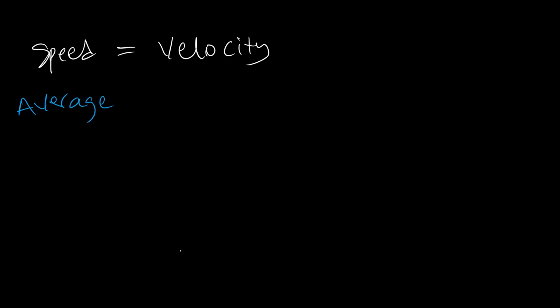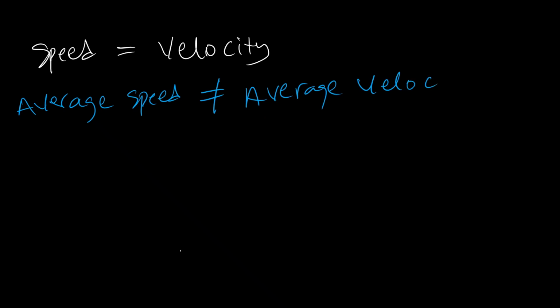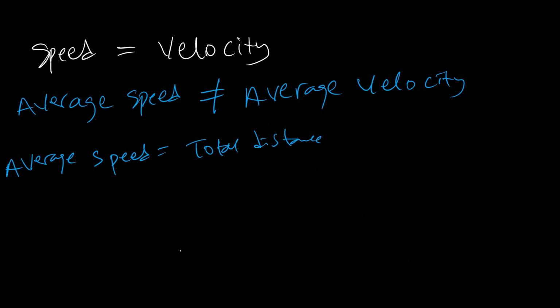So the average speed is not equal to average velocity. Now I'll explain why. We know that average speed is the total distance divided by the total time taken.